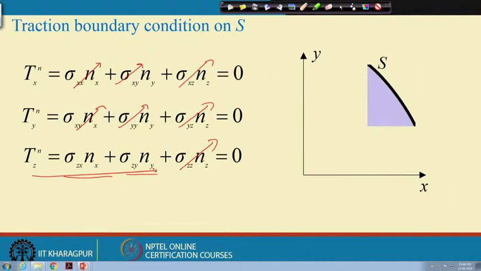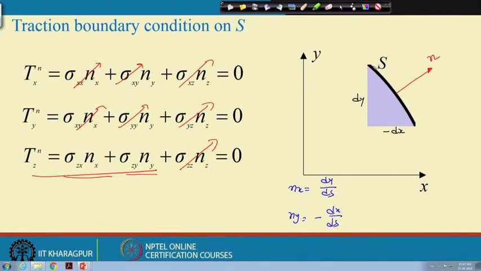Now, if you recall the expression for nx, if this is minus dx and this is dy and this is your n, with nx and ny being its components in the x and y directions, then nx was dy by ds and ny was minus dx by ds.